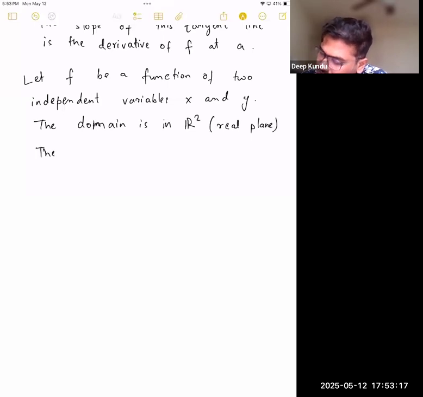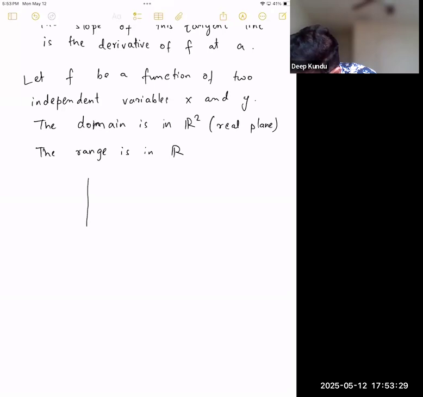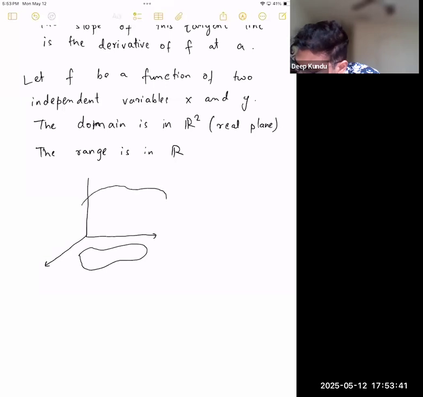And the range is in R, the real value. So instead of getting a curve like before, we are going to get a surface in R3. So let's draw this. So let's assume this is my domain, and correspondingly we get a surface in R3, right?